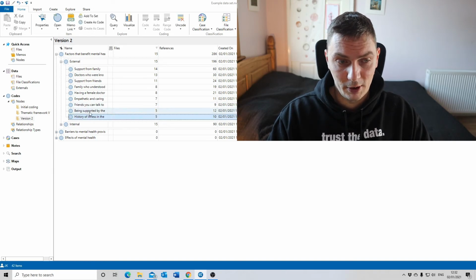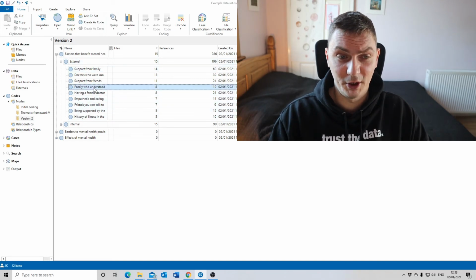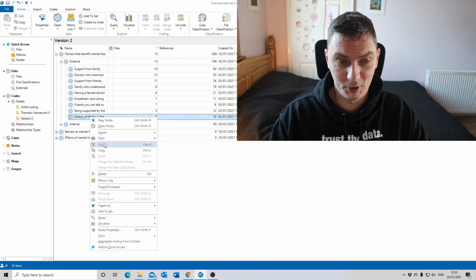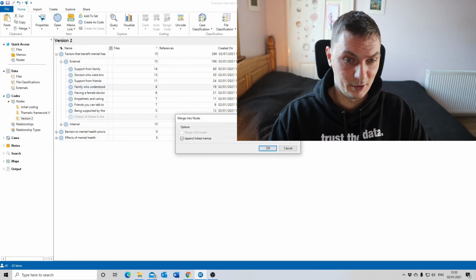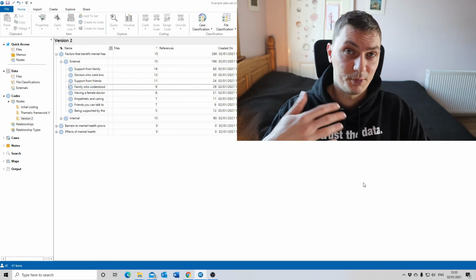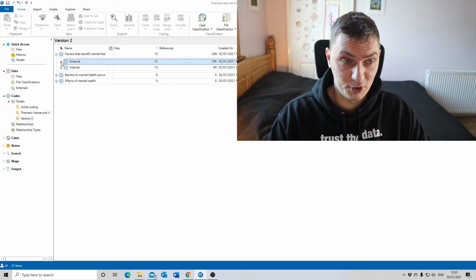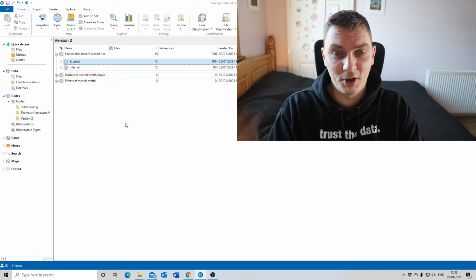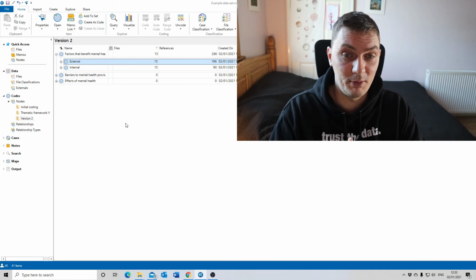Or maybe I'll incorporate it into support from family, or family who understood the condition. So I can decide to do this: cut and paste into family who understood the condition, because if there is previous history of this condition, then most likely they understand the condition. But again, you don't need to cut and paste it into that theme. You can keep it separately.